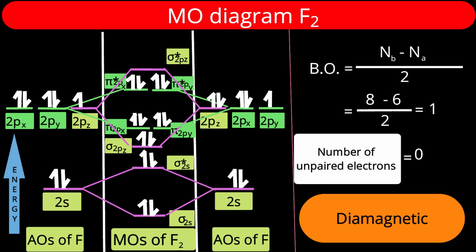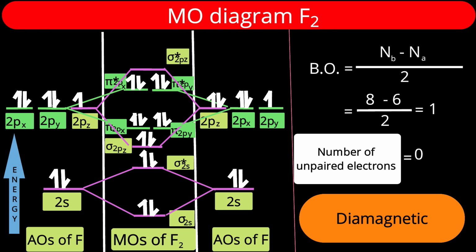Let us consider the labeling for this 1s as K because it is the first shell. The next energy level orbital is the 2s orbital. The 2s orbital of one fluorine will interact with the 2s orbital of the other fluorine because both have the same energy. Are they of the same symmetry? Yes. What is the kind of symmetry?